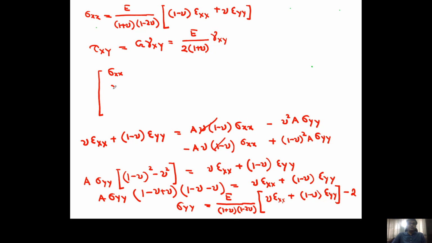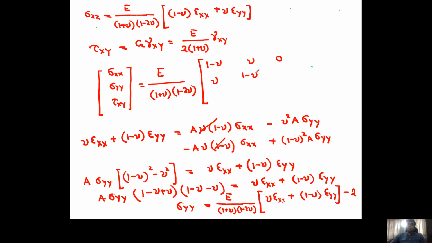So sigma xx, sigma yy, tau xy, and this is equal to E divided by 1 plus nu 1 minus 2 nu, and then we have 1 minus nu, nu, 0; nu, 1 minus nu, 0; 0, 0.